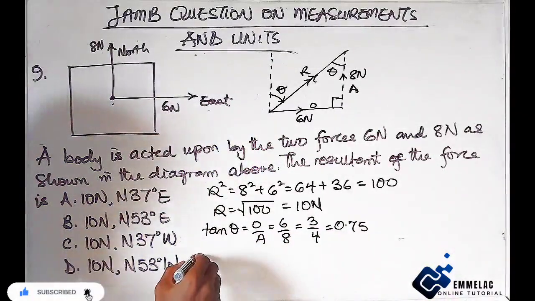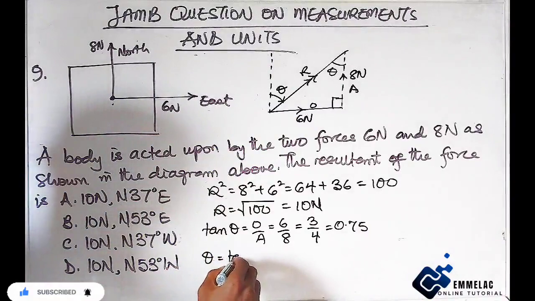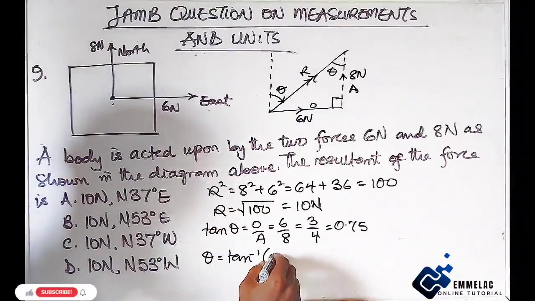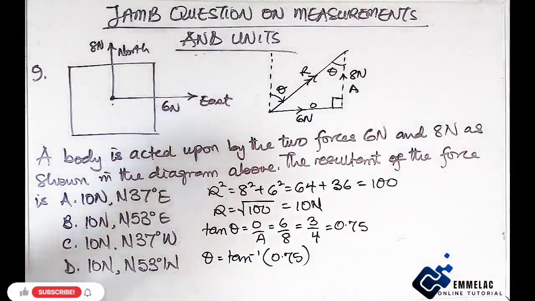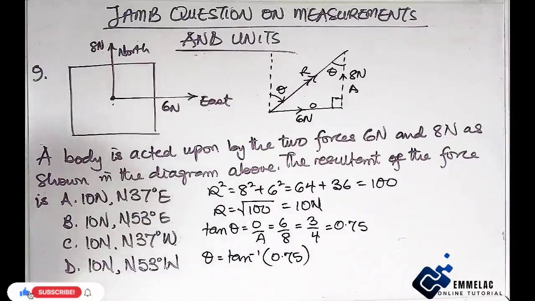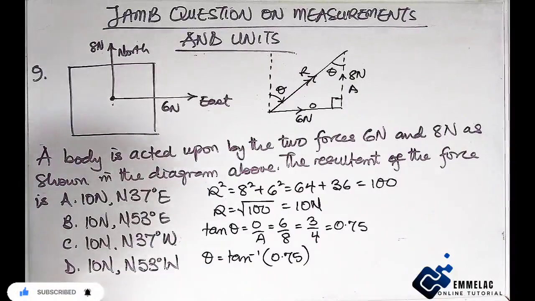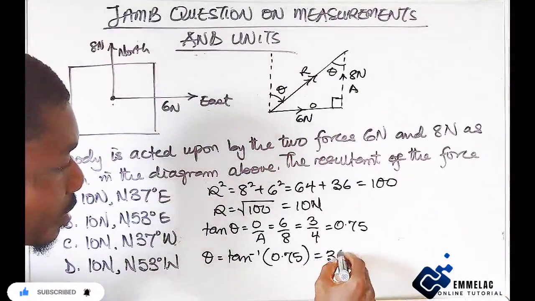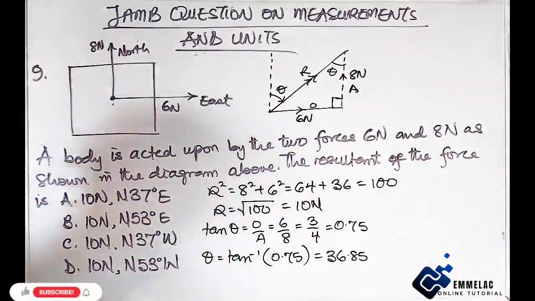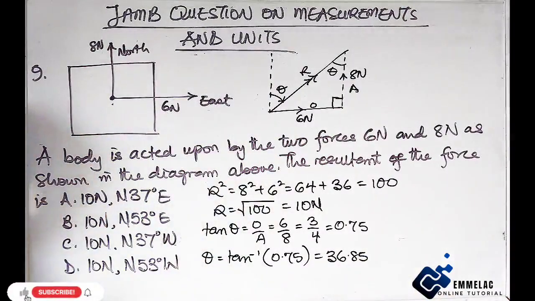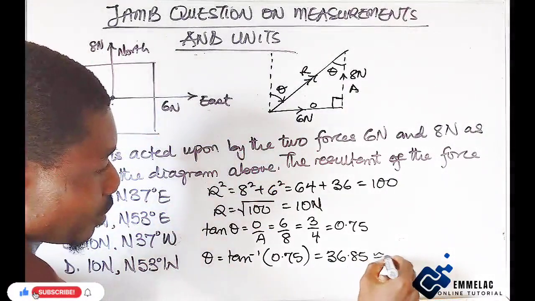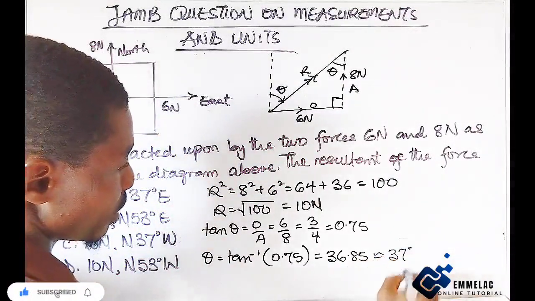So theta will now give us the inverse tan of 0.75, and by calculator, 0.75 will give us 36.85. Now from the options we're not seeing 36.85, so approximate, that will be 37 degree.